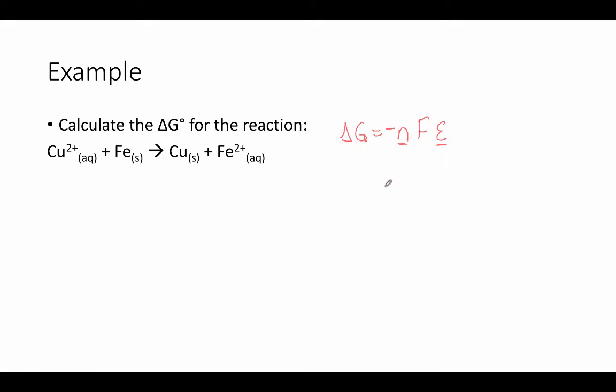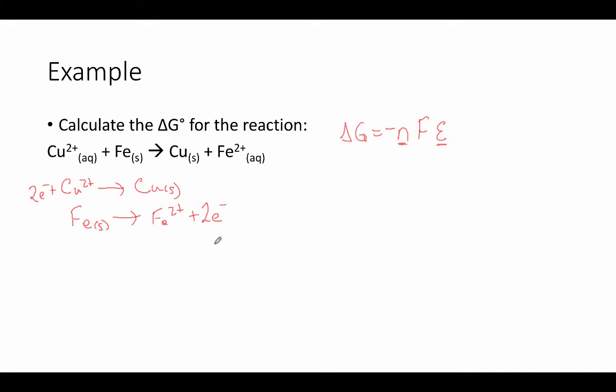We also need to find the moles of electrons, and we're going to find the moles of electrons in the process of balancing this equation and finding the E. So we're going to have Cu2+ going to Cu solid. We know that we need to add 2 electrons over on the left side. And then we're going to have Fe solid going to Fe2+, and we're going to have to add 2 electrons over on the right side.